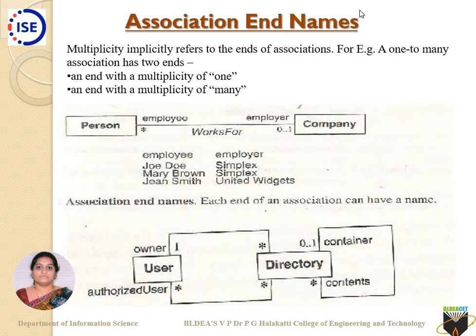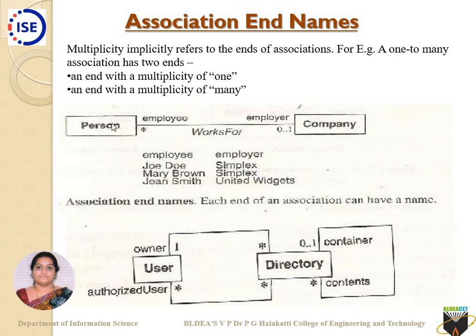In the same way, for every association there happens to be an association end name. Whenever I say works for, person is a class name, company is another class name. Person works for company. Whatever I write in front of this person on this association is the relationship this one possesses, and this is the relationship this one possesses.